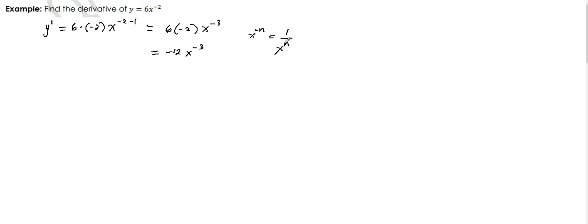Okay? So, mawawala yung ating negative na sign, pero mapupunta siya sa denominator. And our numerator is 1. So, in this case, we have negative 12. So, again, magiging 1 over x cube ito. So, multiply lang natin. We have negative 12 over x cube. Ayan. So, this is our answer.